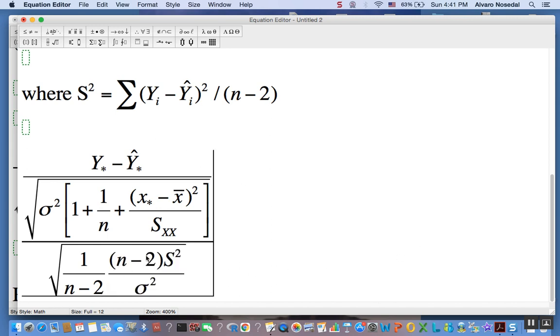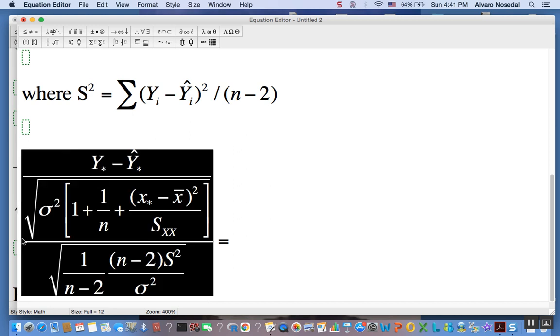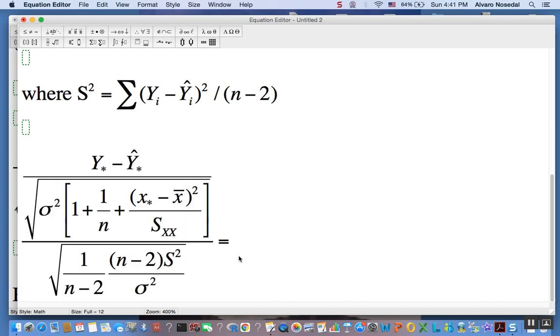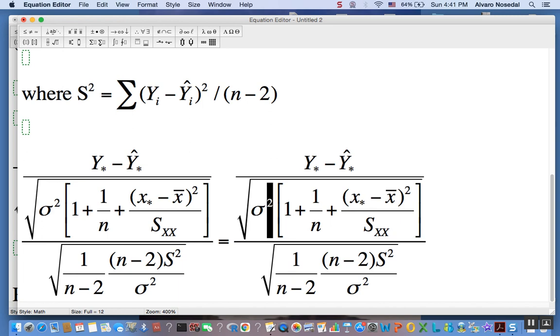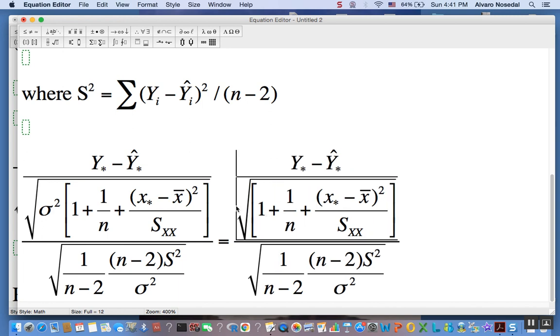Note how that n minus 2 will cancel out with that n minus 2, and we are going to have the square root of s squared divided by sigma square. Since the square root of a product is the product of square roots, the square root of sigma square will be just sigma. Let me copy and paste this and simplify that.